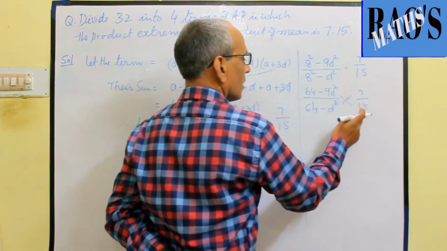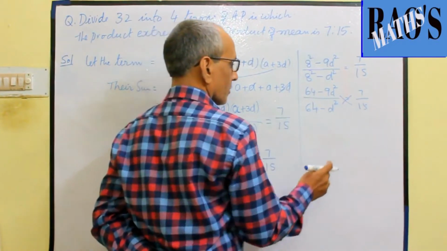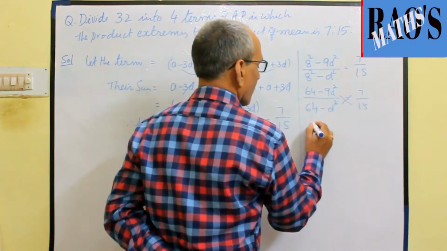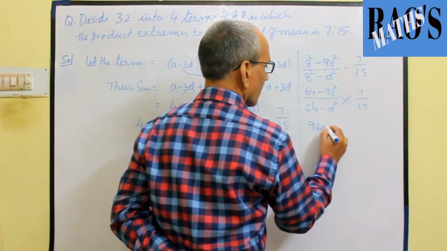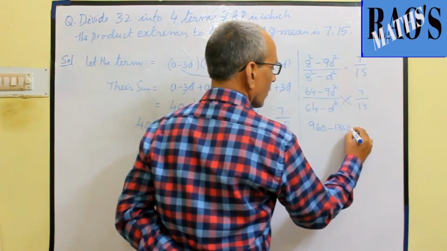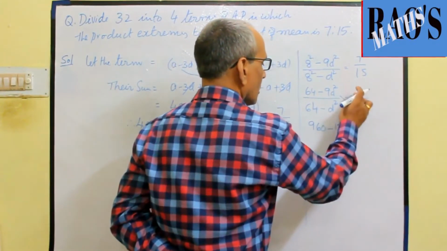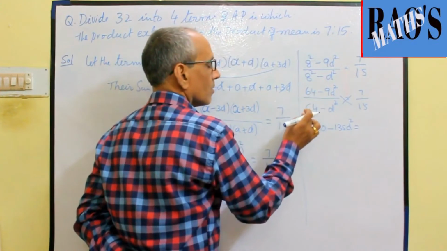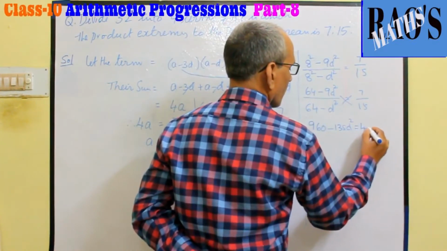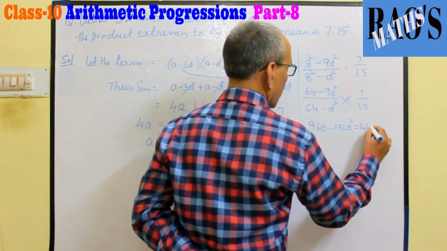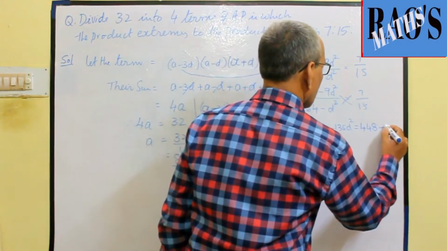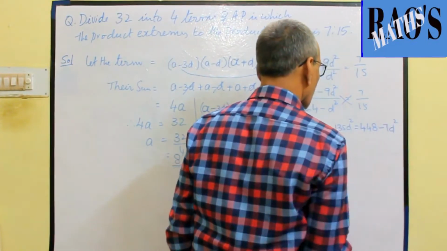The cross product, 15 times 64 is 960. So 960 minus 15 nines, 135D square, is equal to 7 times 64, that is 448, minus 7D square.